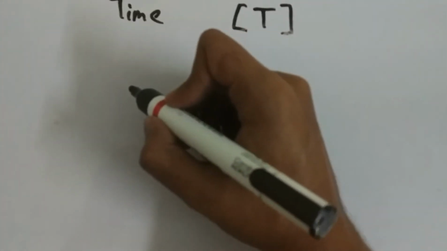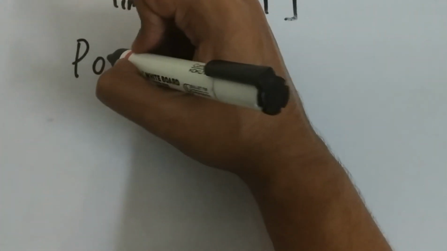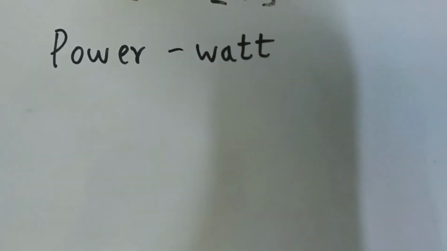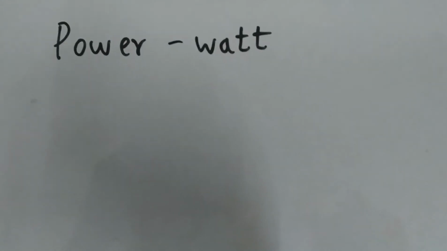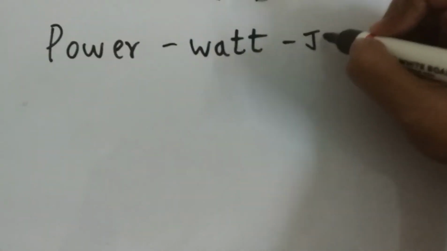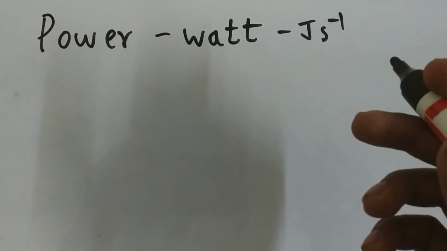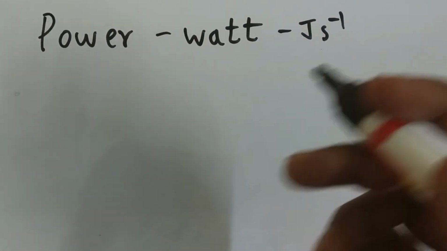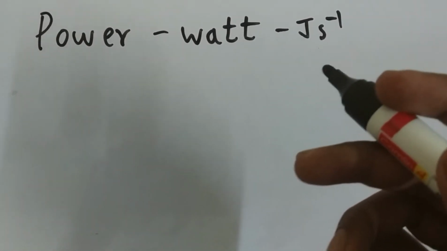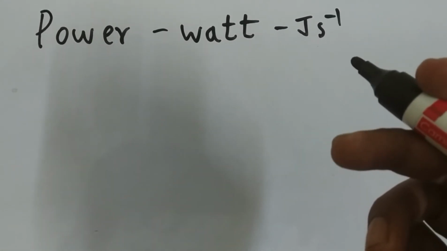Similarly, what's the unit of power? You may have heard a joke. What's the unit of power? Unit of power is watt. Watt is nothing but joules per second. It may be joules per second, but I don't know what's the exact unit of it. I don't know what is joule, I don't know what's second.